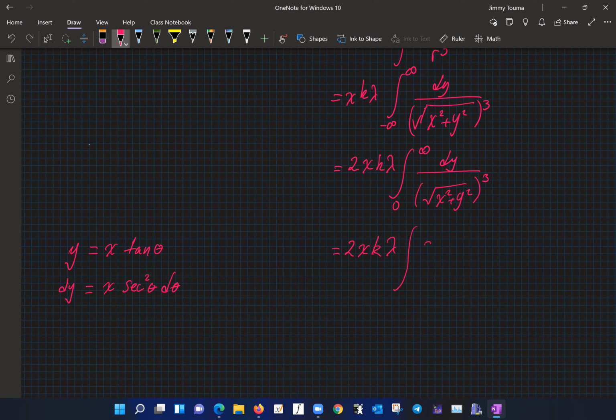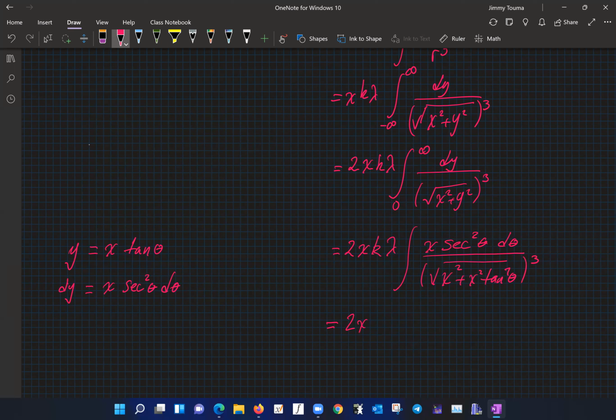Dy is x secant squared theta d theta over, what do I have here? Square root of x squared, but y is x tangent theta, so y squared will be plus x squared tangent squared theta, and then here we'll have cube. Okay, let me get a final form, then I'll worry about the limits.